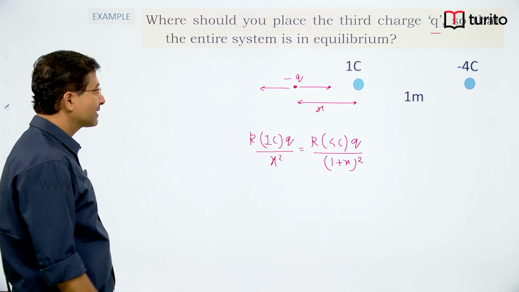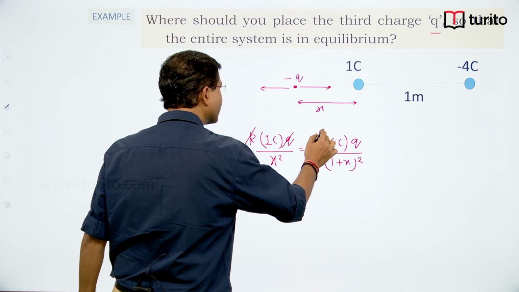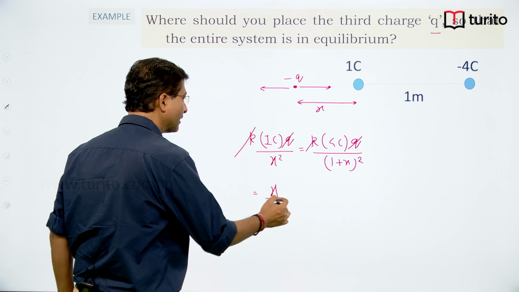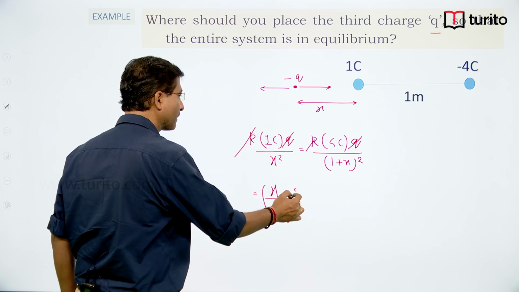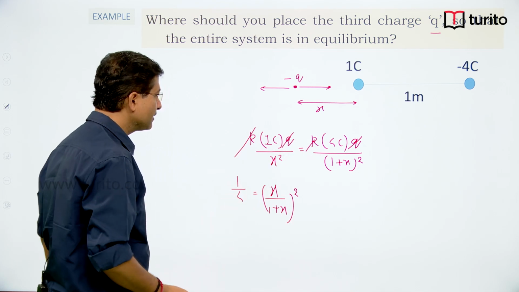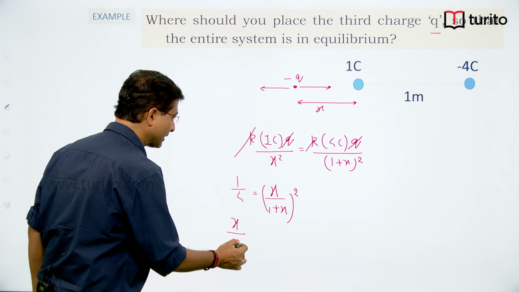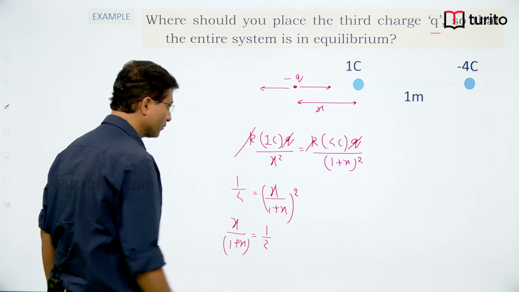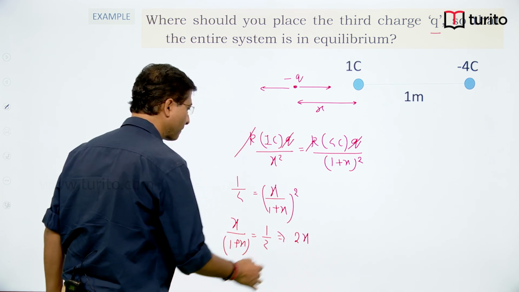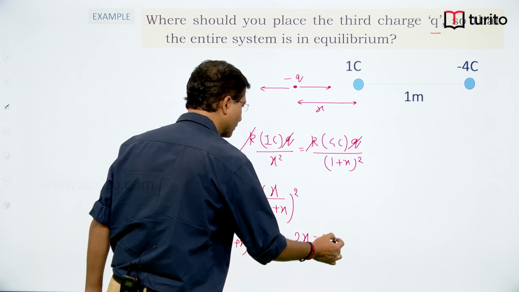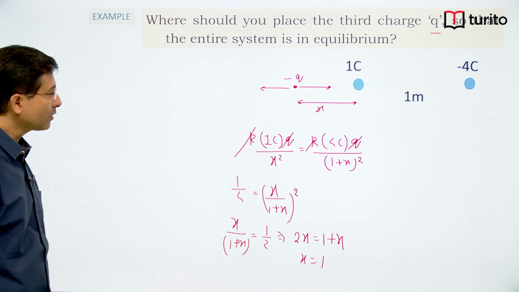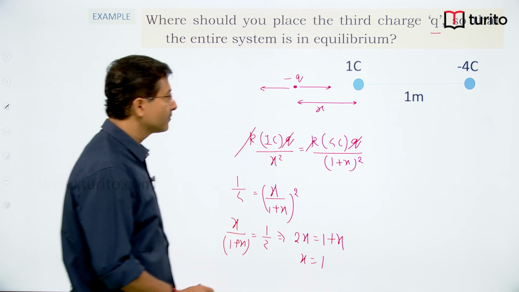Now, you can see that this k and q will get cancelled out, and if I simplify, then I will get x divided by 1 plus x whole square, right. That is coming 1 by 4. That means x by 1 plus x is coming 1 by 2, and if I simplify, I can see 2x is equal to 1 plus x, that means x is equal to 1 we are getting, right. So, after solving I will get x is equal to 1, right.